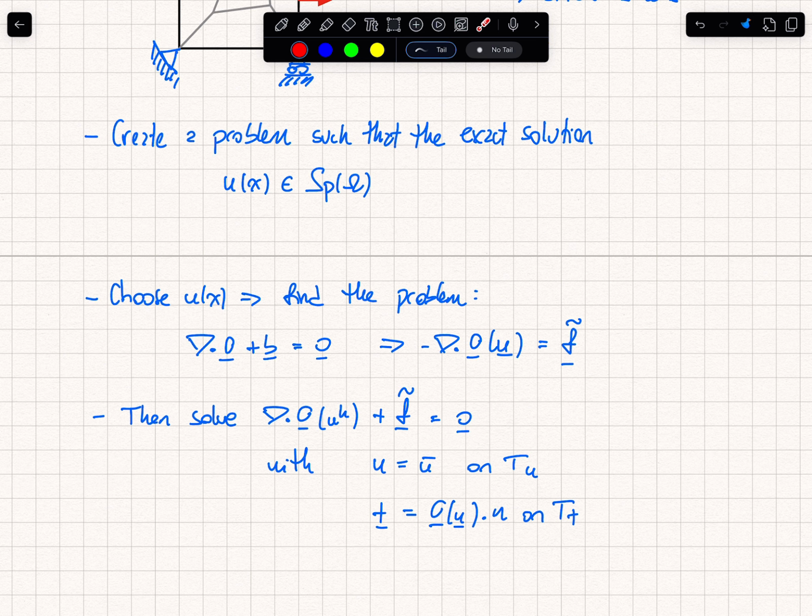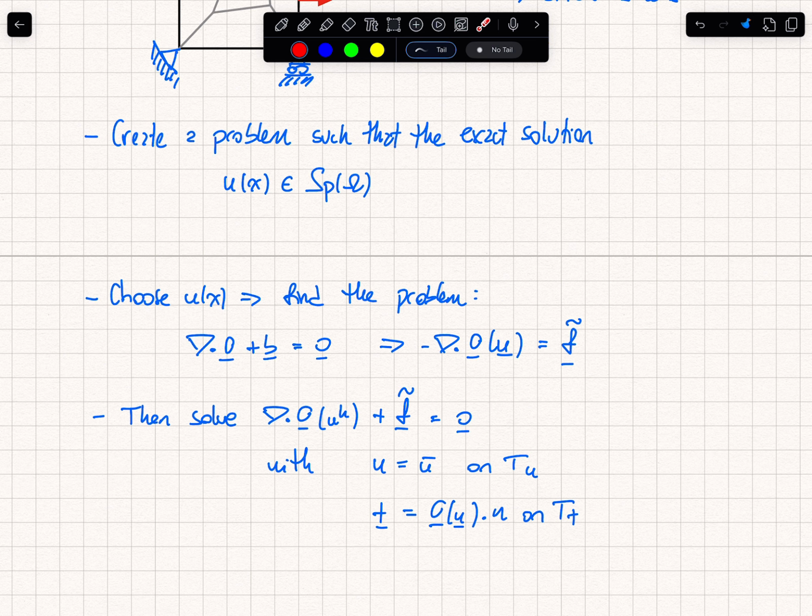Again, be careful: 1D, 2D, 3D, it's different. It's not the same. So you have to think a little bit about this. Actually, it is one of the exercises of the project to help you think about how many integration points you're going to use for the stiffness matrix and for your force vector. It's one of the things that I want you to think about.